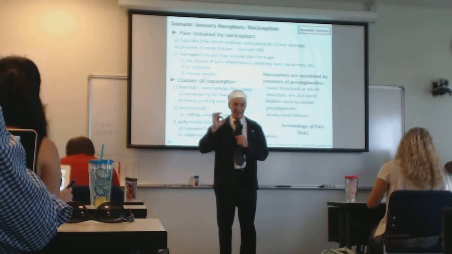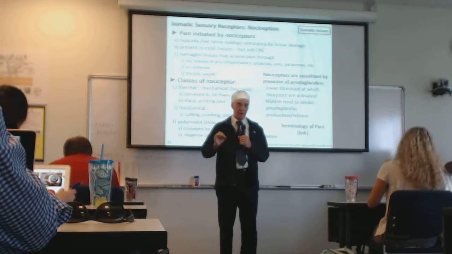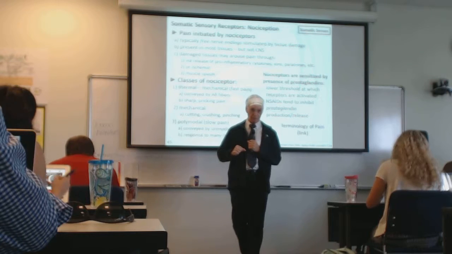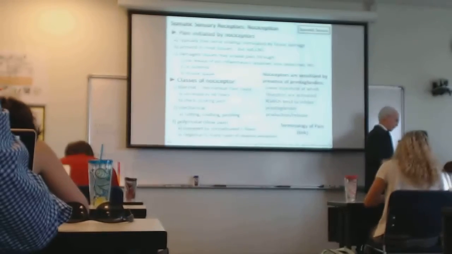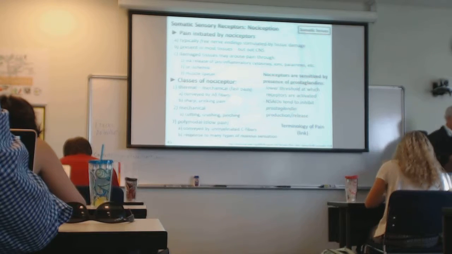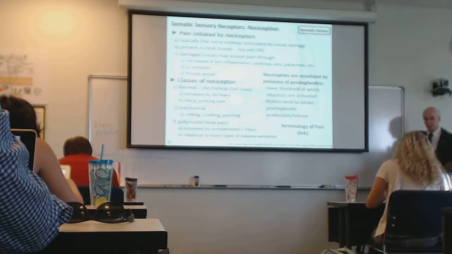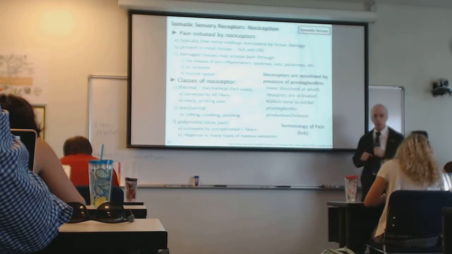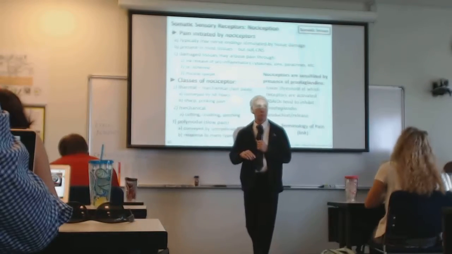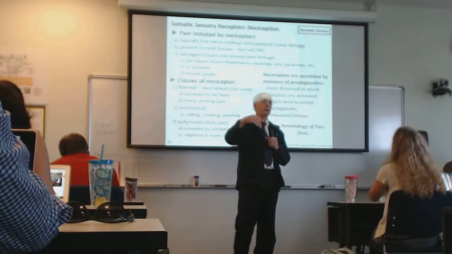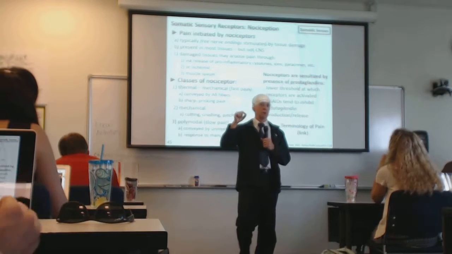Nociception implies a physiological substrate, a physiological basis for the pain. But remember, we talked earlier about the fact that not all types of pain have a physiological substrate. What types of pain would not have a physiological substrate? Well, that may or may not. That just means we don't know. But it could be.